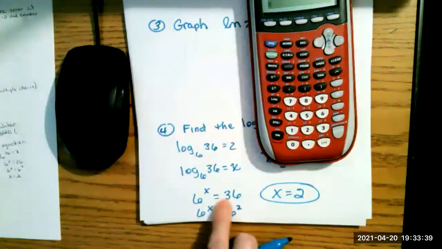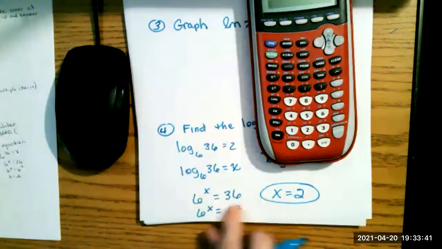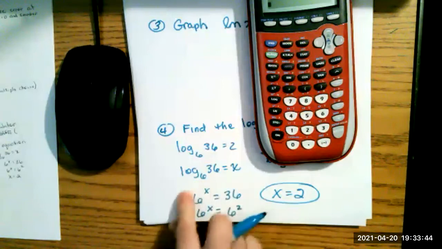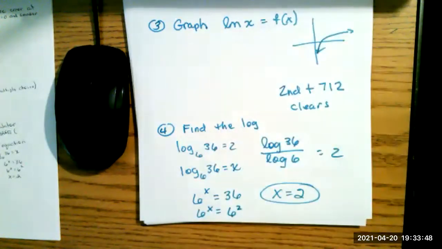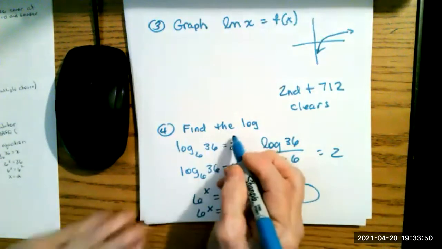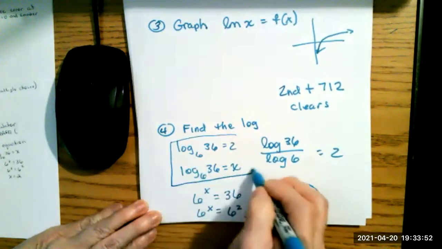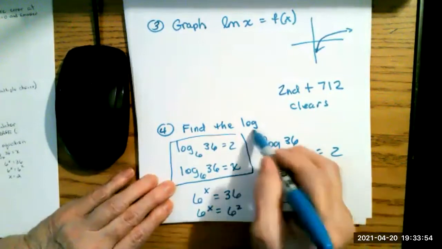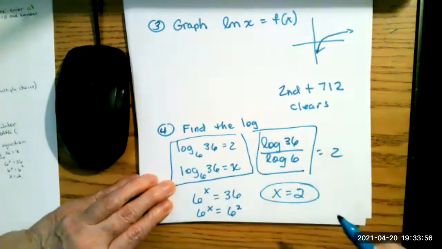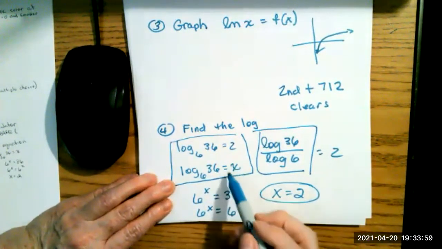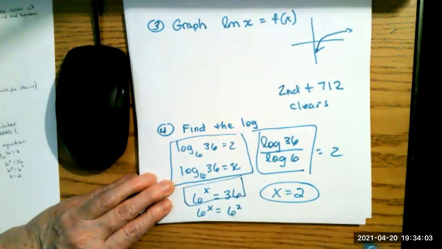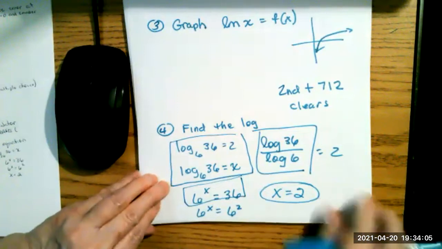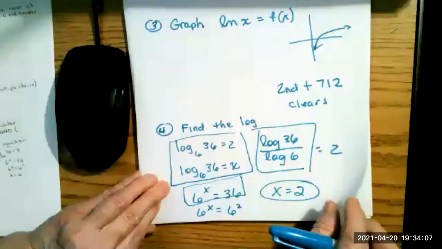So you're going to have to use this method. I want you to practice doing this with the easy ones before we get to ones where we have to change them to equations that are harder. So you can do it by using the math menu, by change of base, log 36 over log 6, or by changing it to an exponential. Three ways to do the same problem. Every time the answer should be 2.